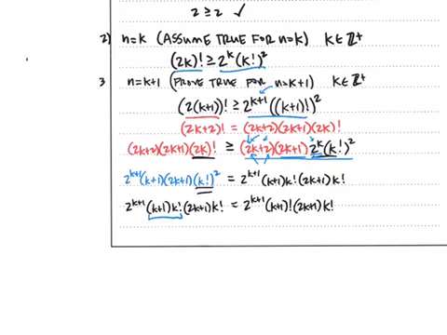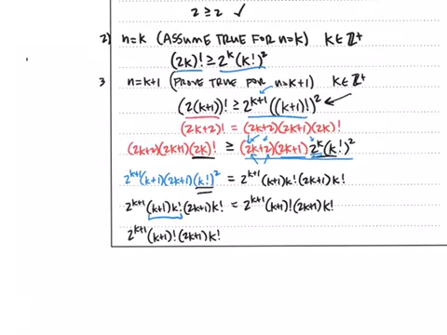Okay, so I've got 2^(k+1) times (k+1)!. Okay, if I wanted the expression that I have up here, I'd have to have that squared. But I don't. I have this, (2k+1) times k!.